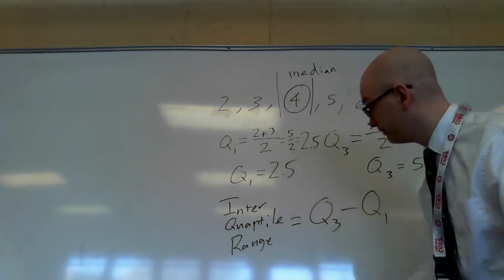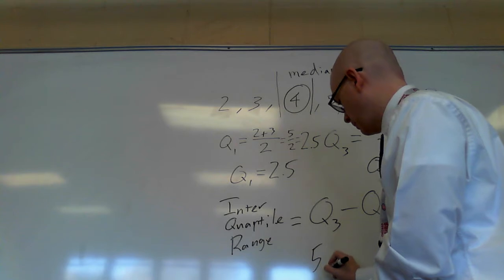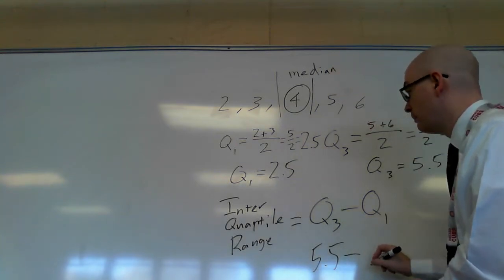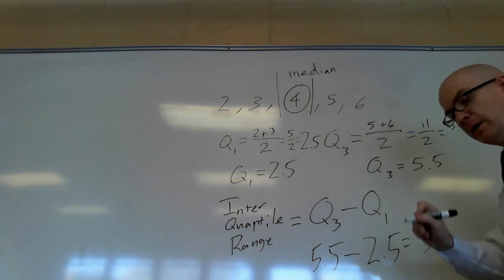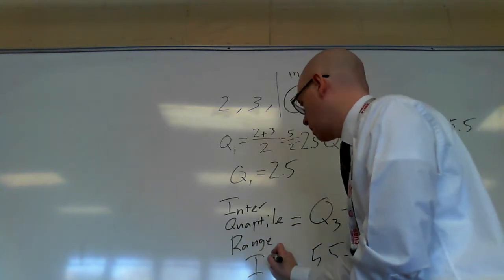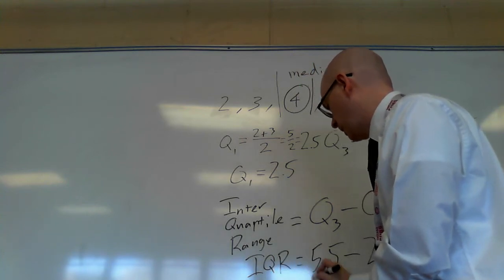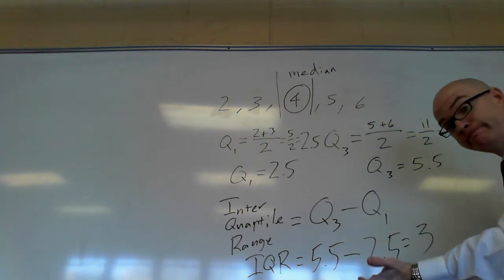That's it. So I plug in for Q3, for the third quartile, 5.5, minus my first quartile, 2.5, gives me 3. So my IQR, my interquartile range, is just going to be 3. That's it.